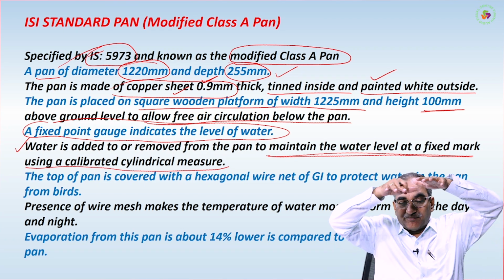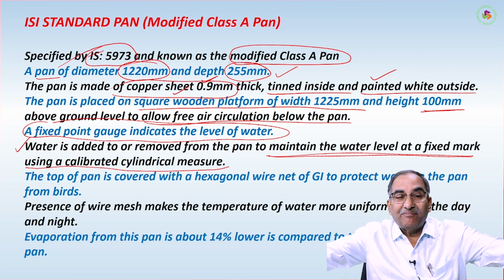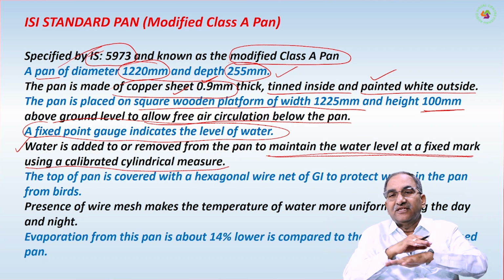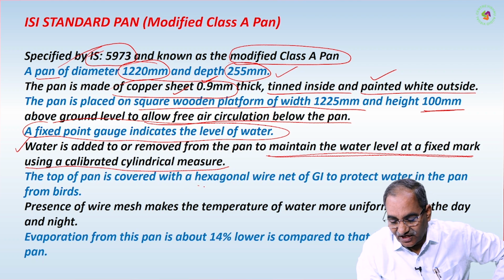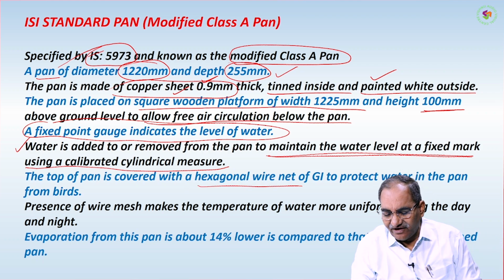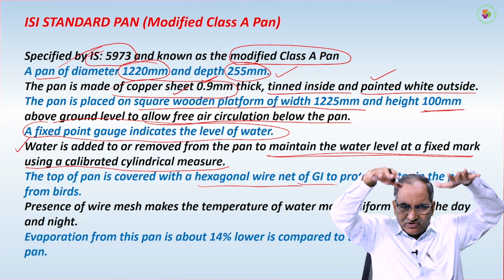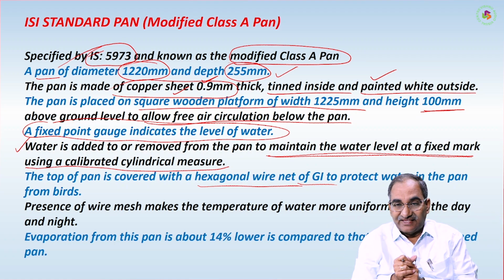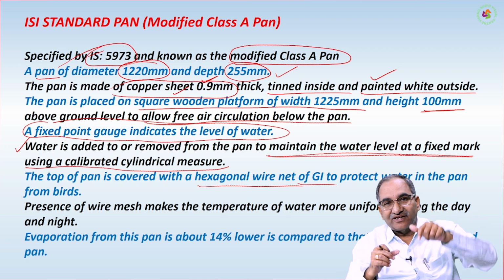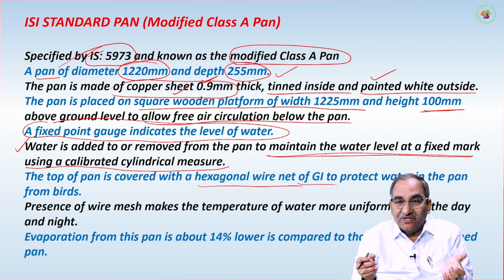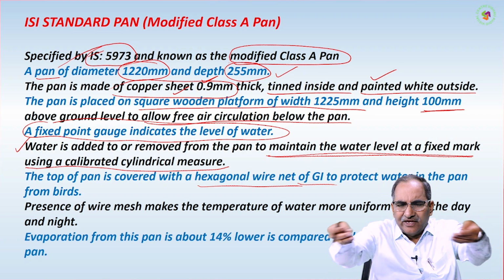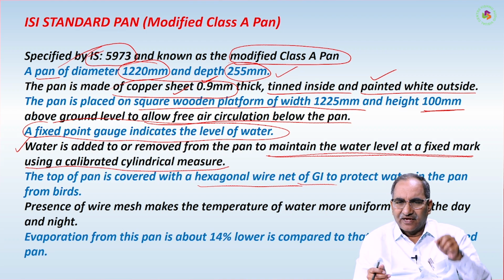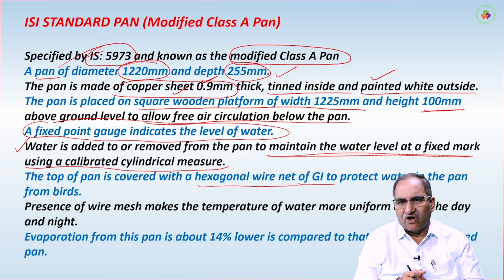The top of that pan, because problem is I cannot keep a pan open like this. The top of the pan is covered with the hexagonal wire net. It's a GI wire net actually. I will put it at the top of the pan. What for I will put that? Suppose for example the birds may drink water from it, or any nearby small animals or birds can really try to draw water from it.